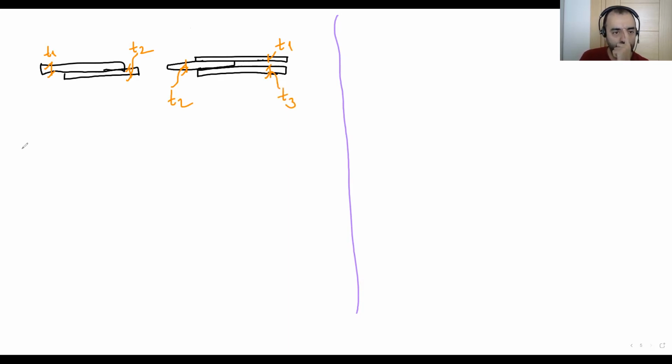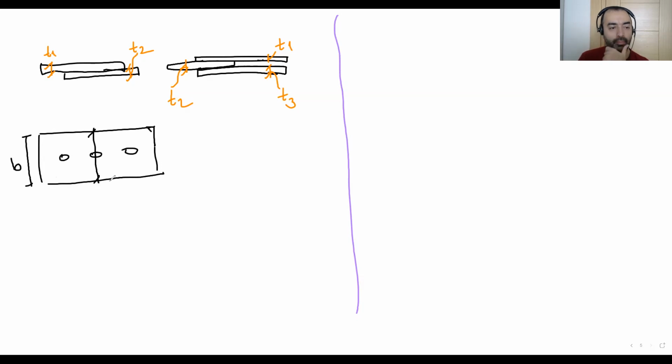Here the area, by the way, we have to know the plan view. Remember, we have to know this B. Okay. Let's calculate the A net area for the first one.